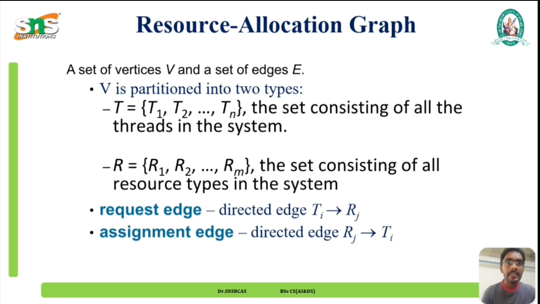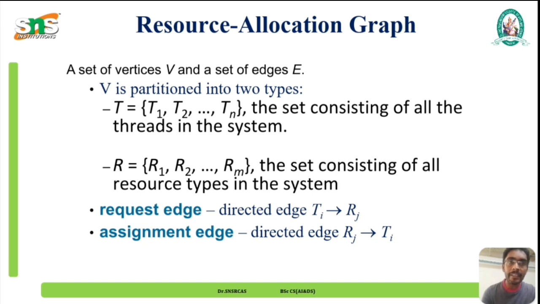And here is the basic idea about how a resource allocation graph works. Here T is the set of tasks or threads in the system, T1, T2 up to Tn, and the resources are termed R1, R2 up to Rm as the R set. The request edge is termed Ti tends to Rj, which means the thread or task Ti is requesting the resource Rj.